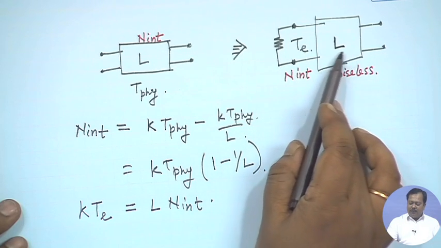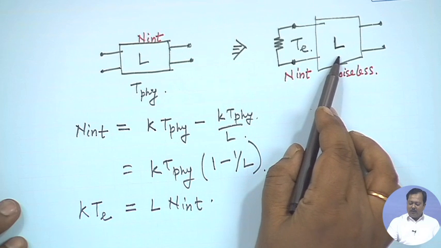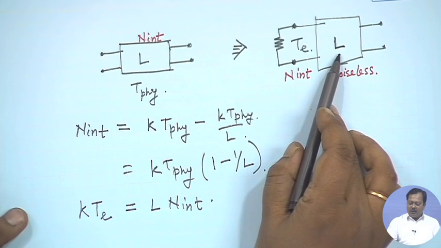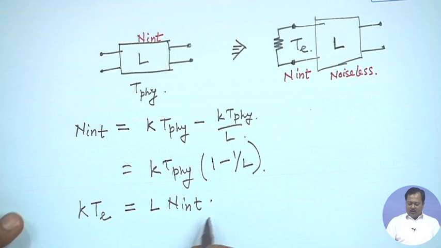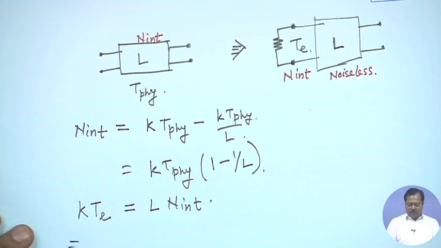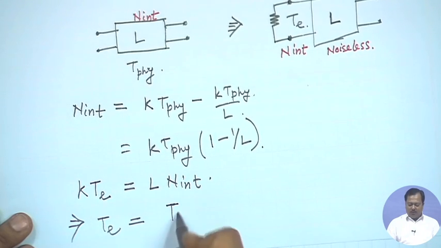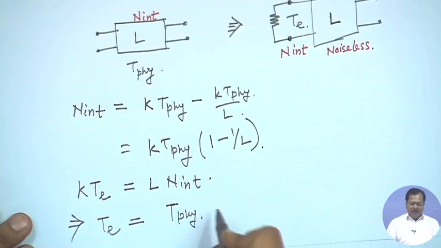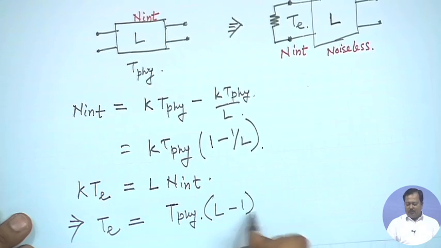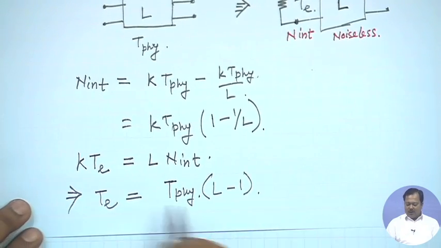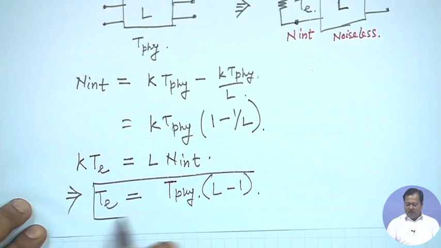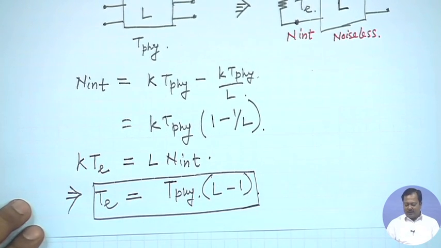Then we have a noiseless two port network, but again its loss is given by L. So we can write Te equal to T physical into L minus 1. So this is one important relationship.